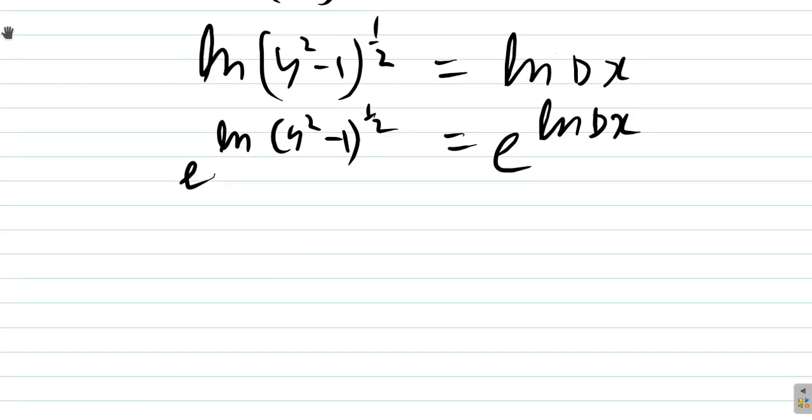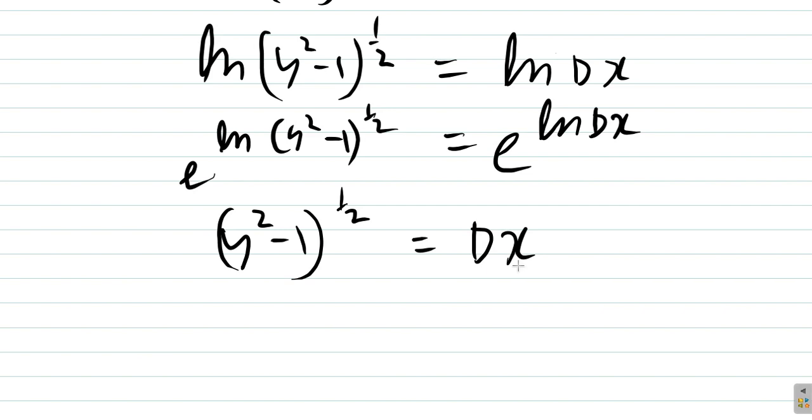So this now, the e raised to the power of ln, this is the anti-logarithm and this is the logarithm, so they cancel out each other, right? So what we have is y squared minus 1 to the half is equal to dx.